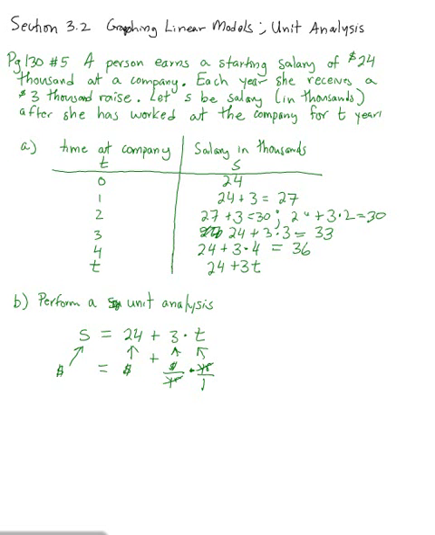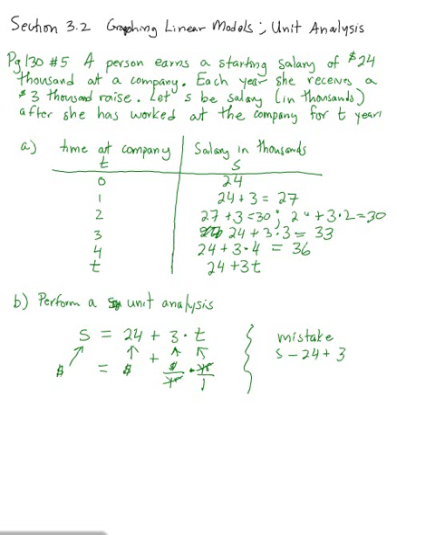Now the mistake I will see students make a lot of times, write that down so you know that, is they will give me the formula as S equals 24 plus 3. They'll write that as a formula.